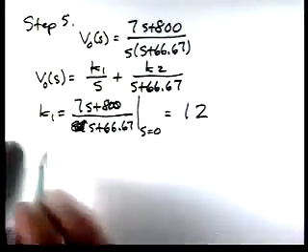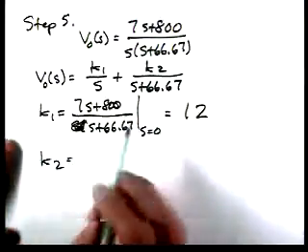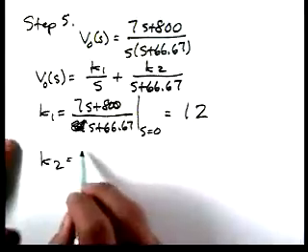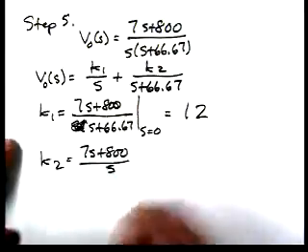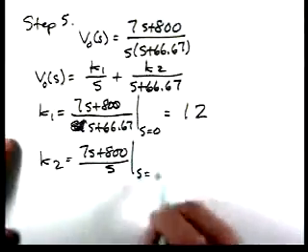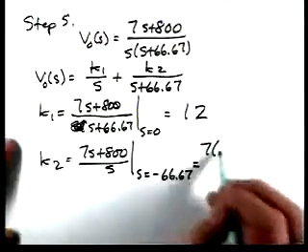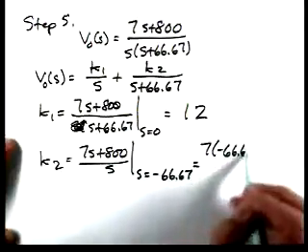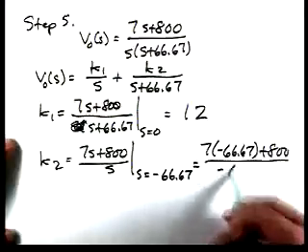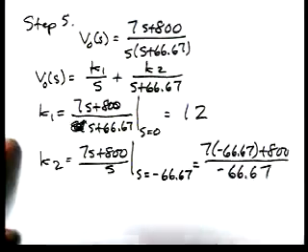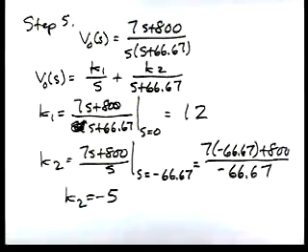For K2, we multiply through by s plus 66.67. So we have 7s plus 800 over s. Evaluate at s equal minus 66.67. So we have 7 times minus 66.67 plus 800 over minus 66.67. So K2 turns out to be minus 5.